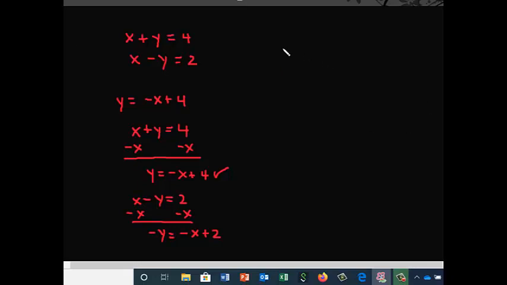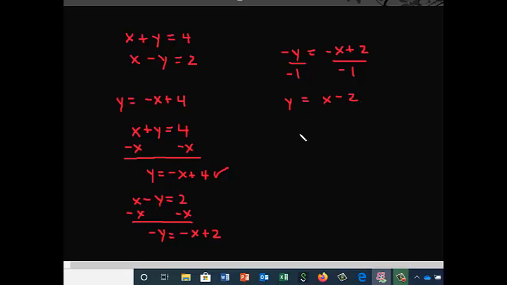And when we do that, we want to divide what to both sides? We want to divide by negative 1 here and negative 1 there. So this will be y is equal to x minus 2. We see that.